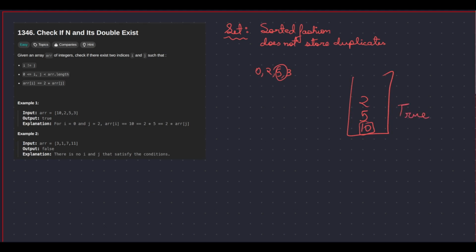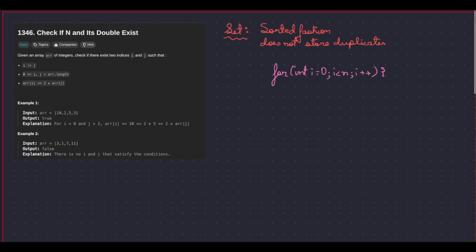Now how do you code this up? It's quite simple if you know how to use set in C++. So the code will be something like this: for int i equal to 0, i less than n, i plus plus. We are basically iterating over the original array. Now we can go ahead, and what we can basically do is check if the half or the double exists within the set, right?